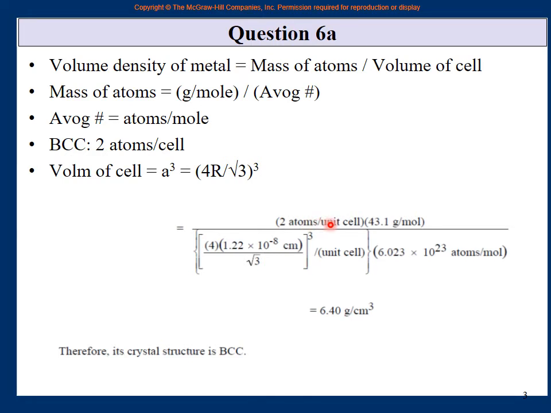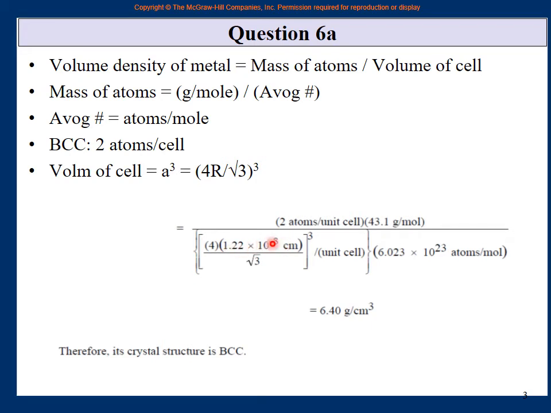2 atoms in the unit cell, mass of 43.1 gram per mole is given. 6.023 into 10 raised to 23 atoms per mole is the Avogadro's number. 4R upon root 3. 4 is there, root 3 is there. R was 1.22 into 10 raised to minus 8. It was given, right? Here we have directly converted it to centimeter.